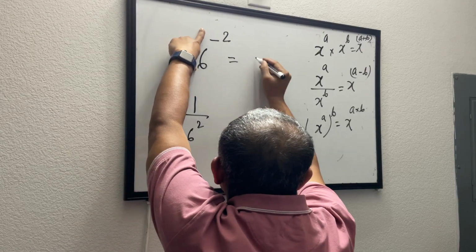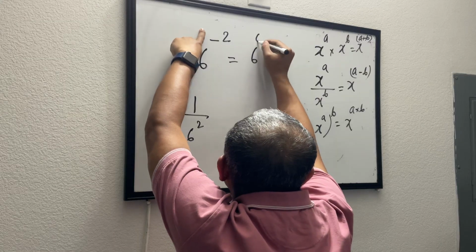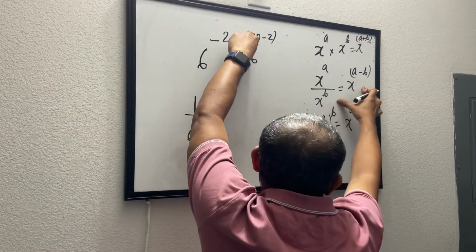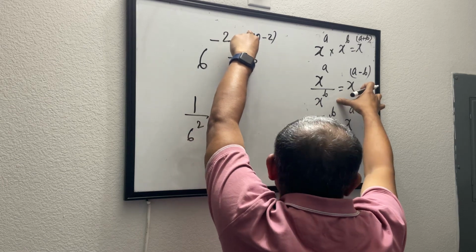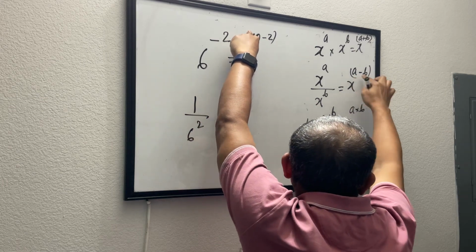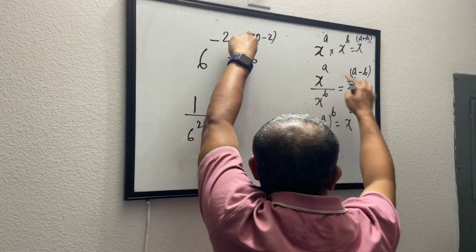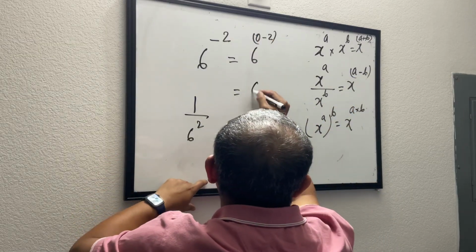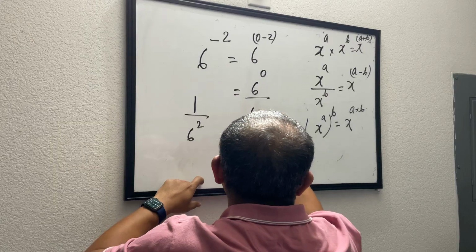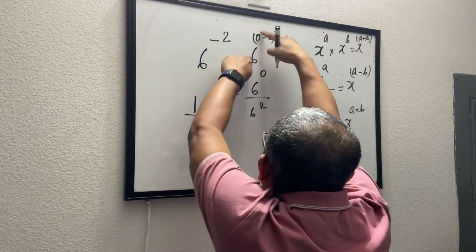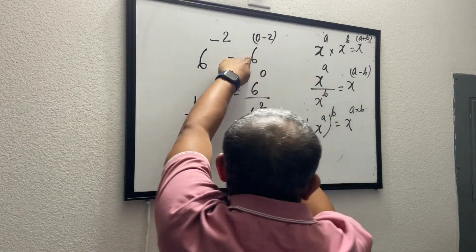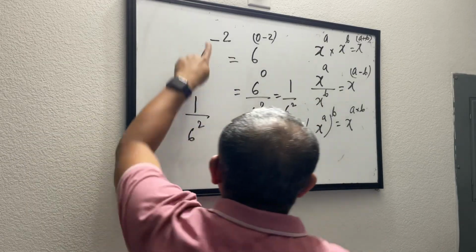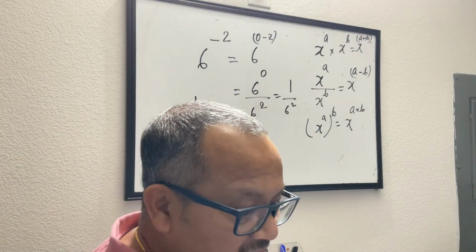And how that happens is because 6 to the power minus 2 I can write as 0 minus 2, and then I can relate it with this second rule of exponent, which says something to the power a minus b is equal to something to the power a divided by something to the power b. So this thing becomes 6 to the power 0 divided by 6 to the power 2. Something to the power 0 is 1. So this is how the travel happens.